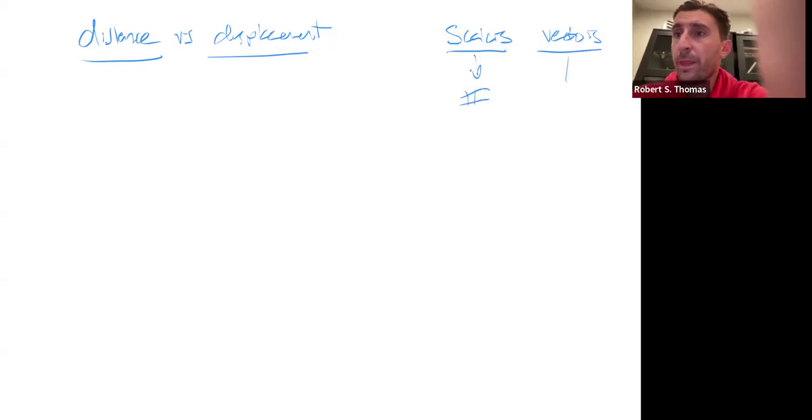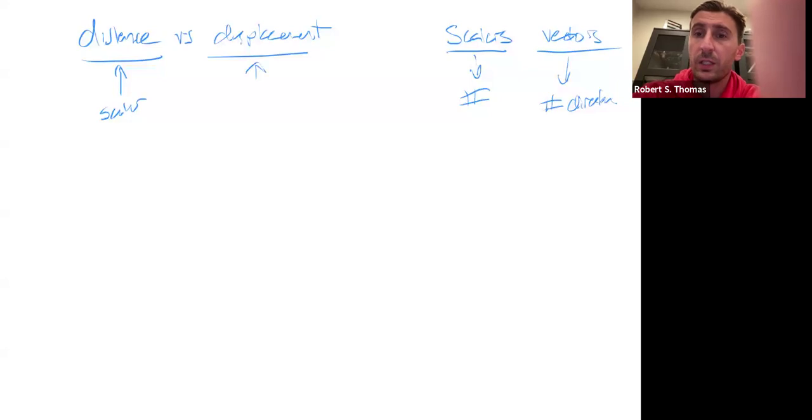Vectors are a number and direction. So that's a difference. So what we know is one of these, distance and displacement, is a vector. One of them is a scalar. So we know that distance is a scalar and displacement is a vector.